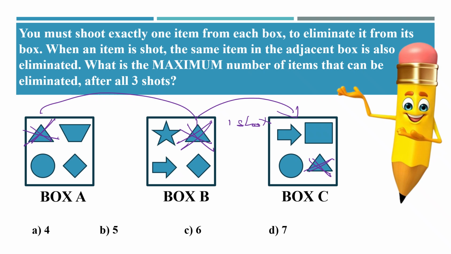In that case, let me shoot in box B itself, so this gets eliminated. So in the second shot, almost 5 items gone: 3 triangles and 2 arrow marks.